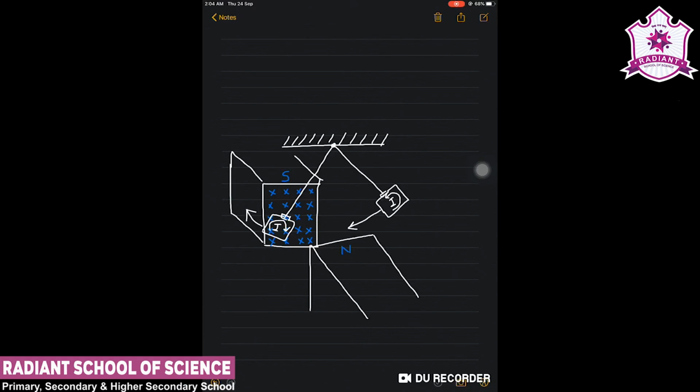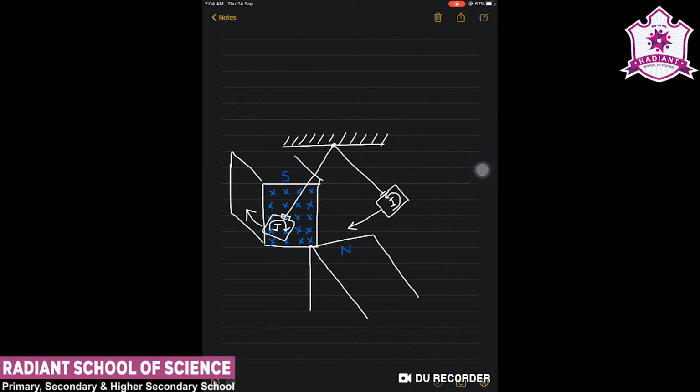As we can see here, the part of the plate that faces the north pole will have anti-clockwise current in it when it enters. But when it is about to leave the region, the current induced in the plate will be clockwise, because as it is leaving, the pole will try to attract it, and in attraction it should behave as a south pole.